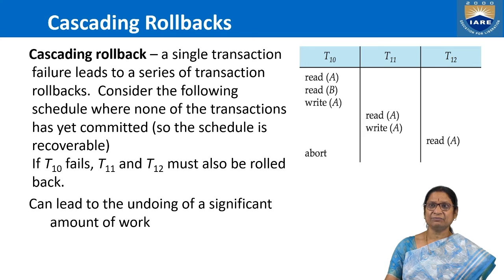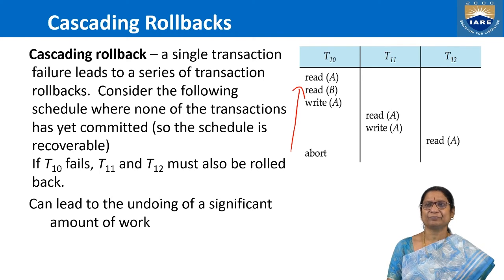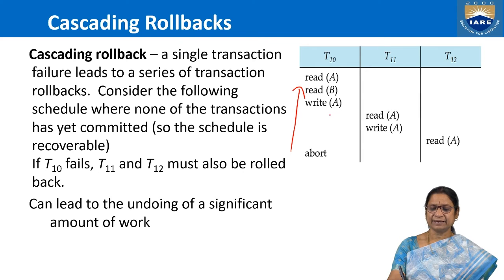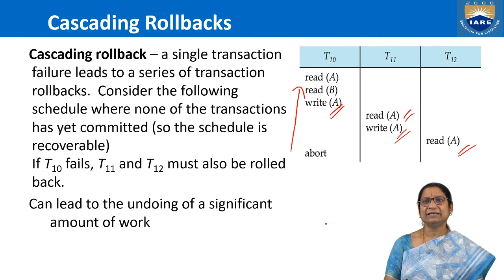When T10 aborted, it is rolled back. Rollback means whatever the write statements are there, those are all undone. Write A was already updated, then it was used by T11, and what T11 wrote was used by T12. When it is undone, the database becomes the initial state before T10.